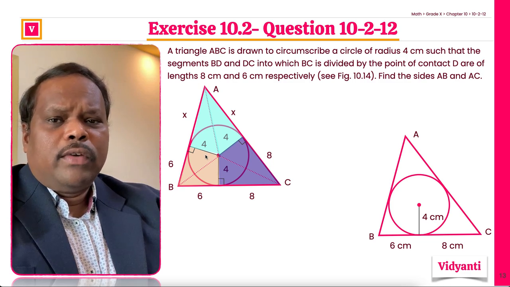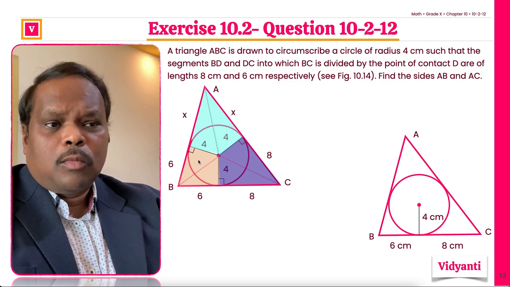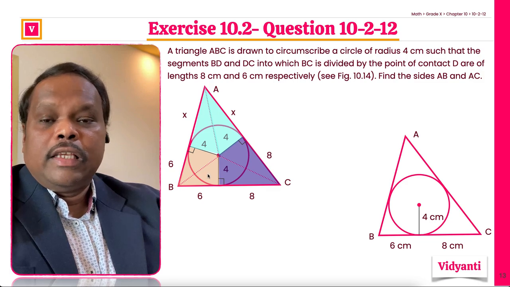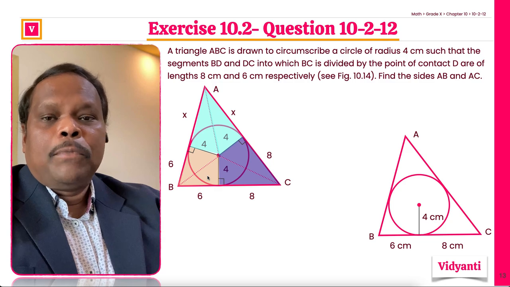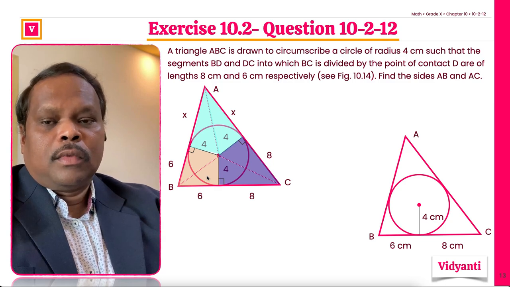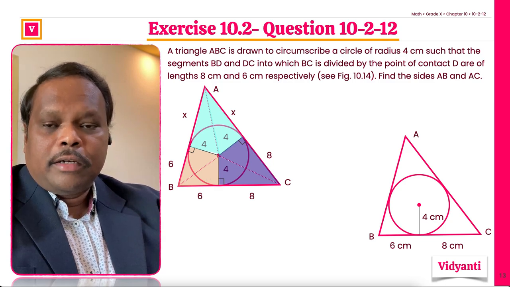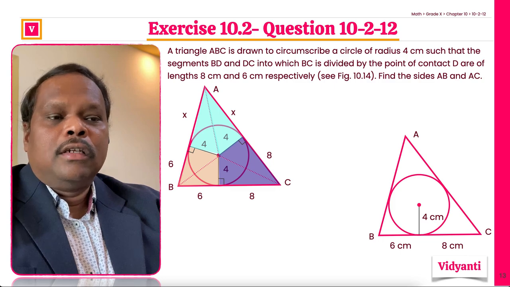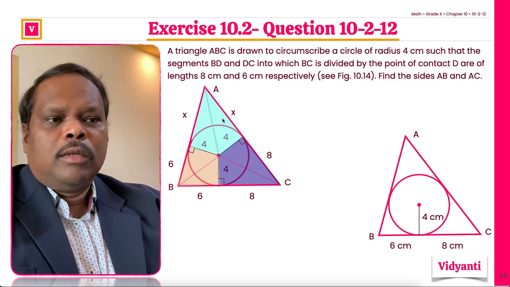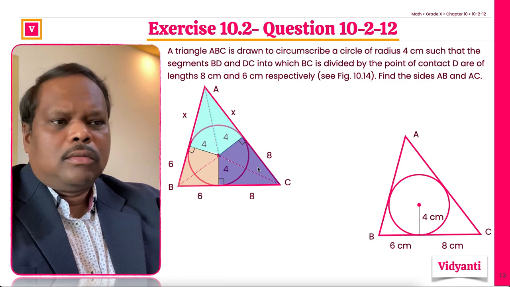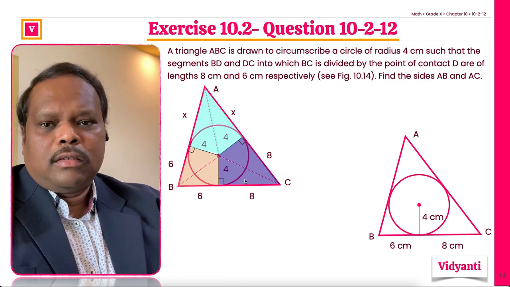So we can very well show that this smaller brown triangle is same as this smaller brown triangle using RHS in right angle triangle, hypotenuse and side, RHS. Similarly, this small greenish blue triangle will be same as this triangle, and this small triangle is same as this small triangle.